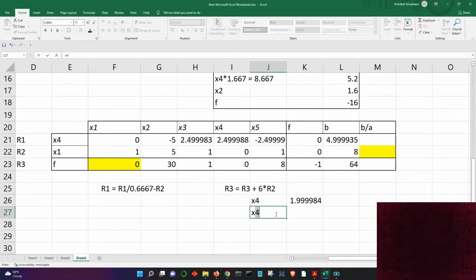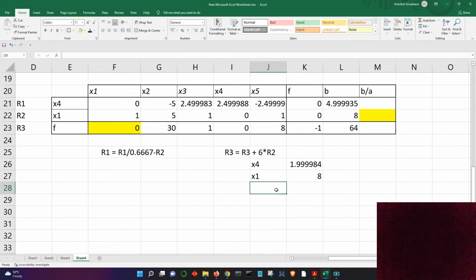And similarly, x1 is straightforward, right? Again, 2 divided by the coefficient of this variable, that is this variable. So x1 is here.